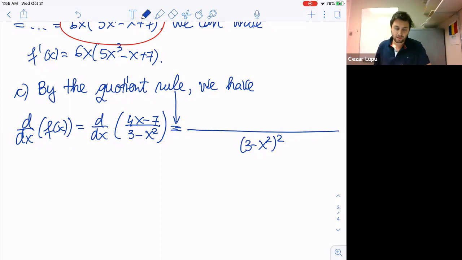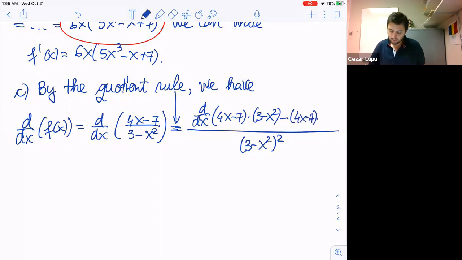And now this would be the derivative with respect to x of 4x minus 7 times 3 minus x squared, minus 4x minus 7 times the derivative with respect to x of 3 minus x squared.